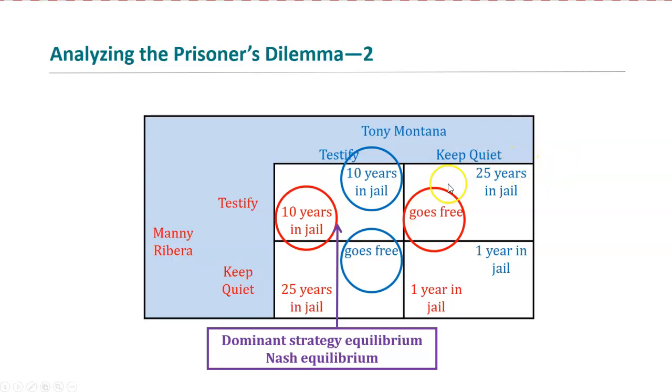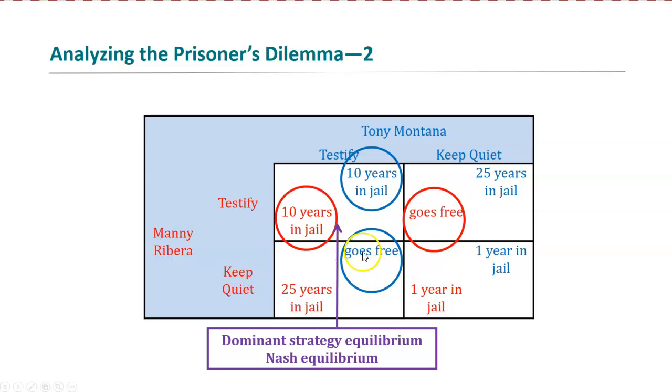And so Tony has a regret in this scenario. What about down here? If everyone keeps quiet, then each of them actually has a regret because, dang it, I'm Tony, right? If I had known Manny was going to keep quiet, I could have testified and gone free, right? I have a regret.